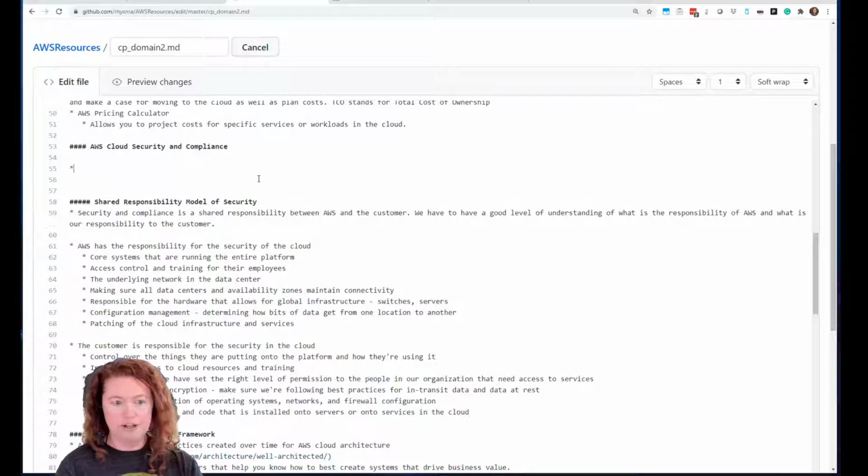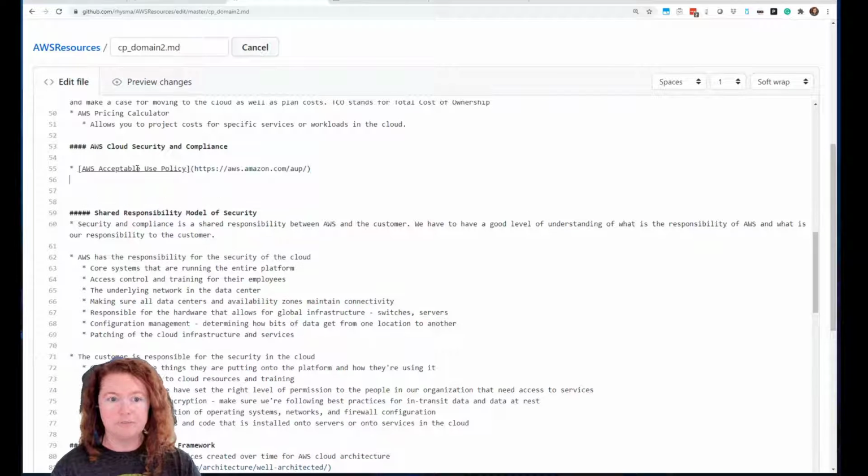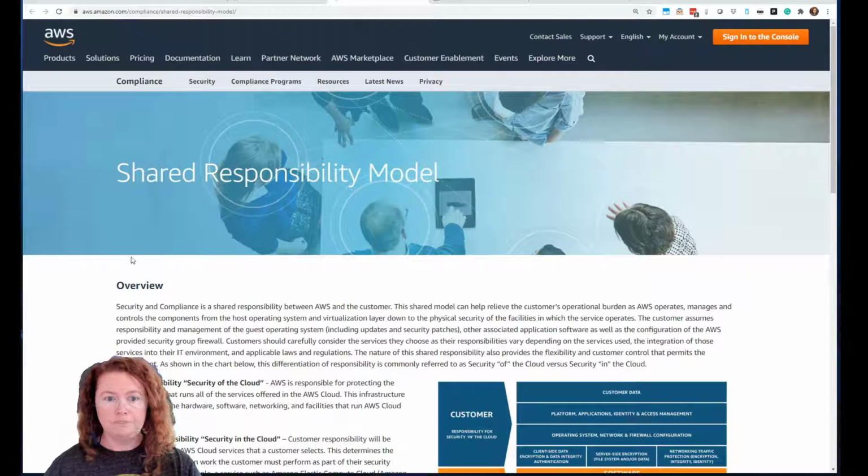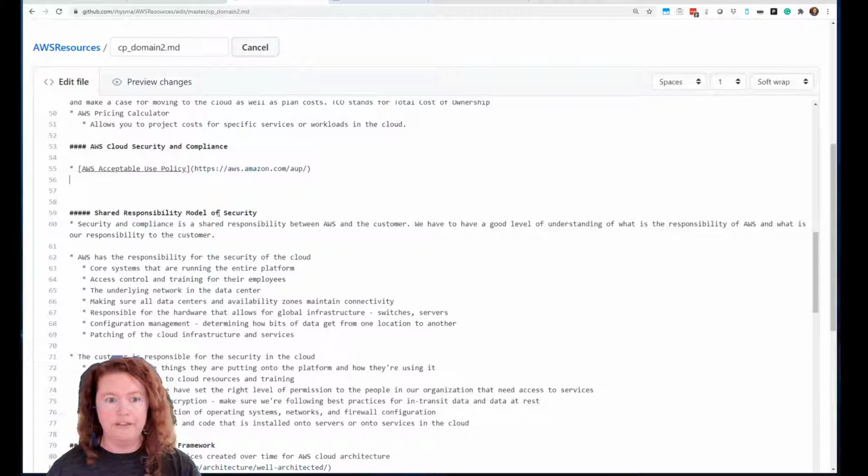The first one is the AWS Acceptable Use Policy, because you definitely don't want to be doing something on the platform that's not allowed and get your account banned. I'm sure your organization would be real pleased with you if you did that. There's also a really good link here on the shared responsibility model, so you can do some further reading on that, which is pretty great.